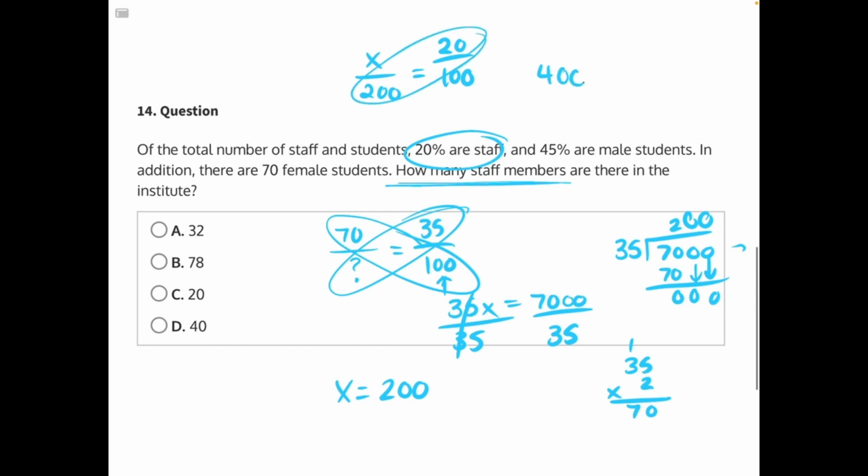Should have 3 zeros because we have 1, 2, 3 zeros here. And then that is equal to 100 times x. Opposite operations, divide both sides by 100. We can just cross out our zeros here, and we are left with 40 equals x. So there are 40 total staff members. Answer choice D.